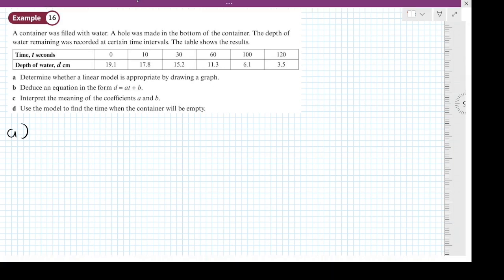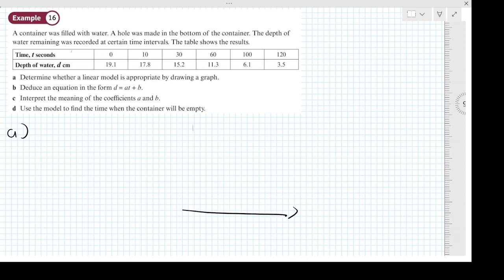So this is going to be a graph of time against depth. In general, if you're stuck about what to decide goes on the x-axis and the y-axis, the x-axis is your independent variable, so that's the variable you're changing, the variable you input, right? And then y is the dependent variable.